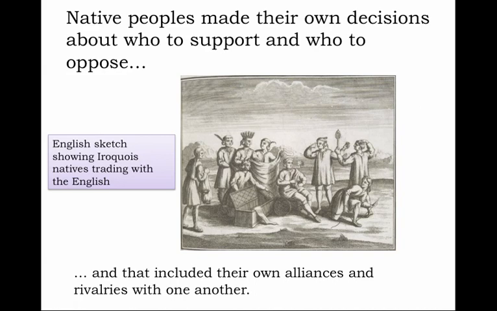This English sketch here shows the famous Iroquois, that is the people we know as the Haudenosaunee, otherwise known as the Iroquois, who are a confederation of six different tribes, and who presented a solidified front to the British and the French, and became critical partners in the imperial game.